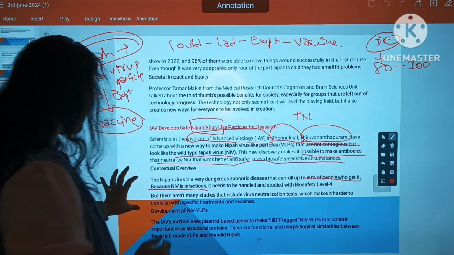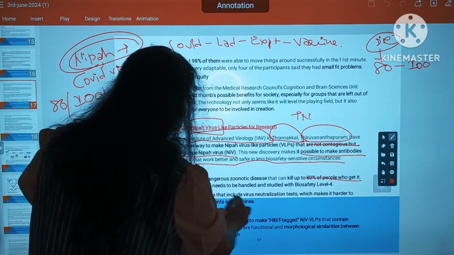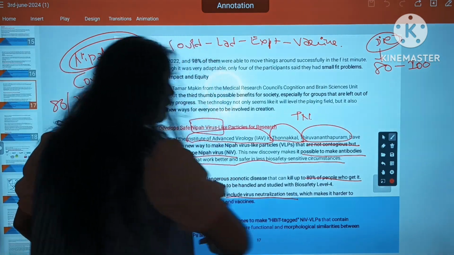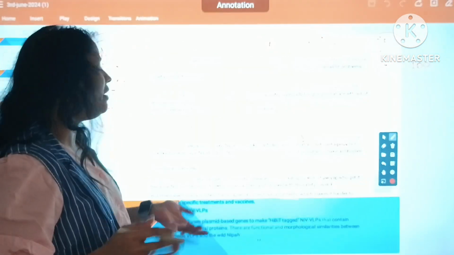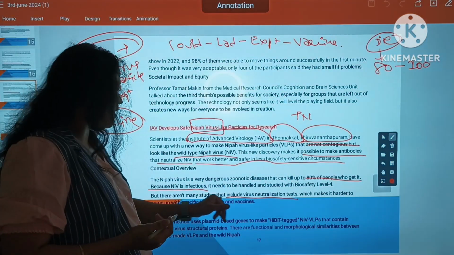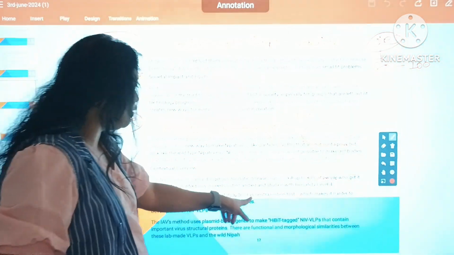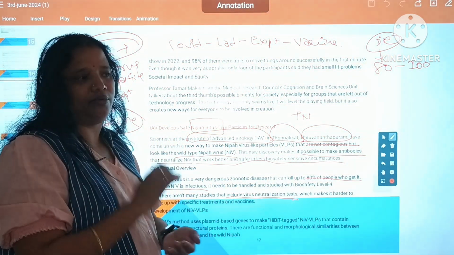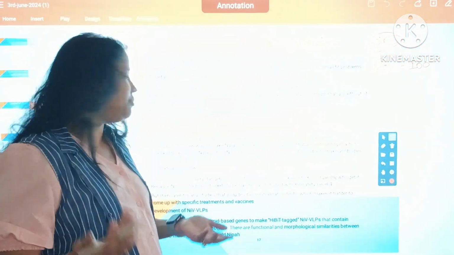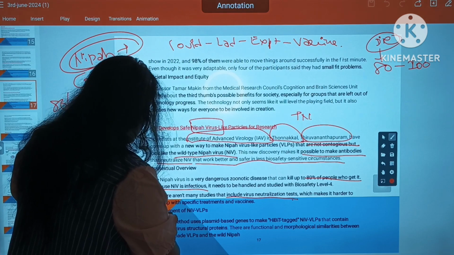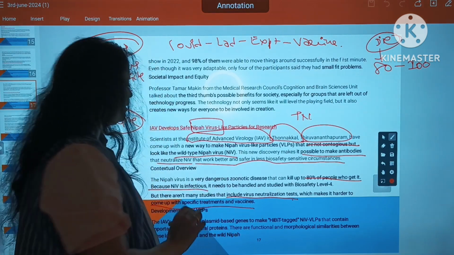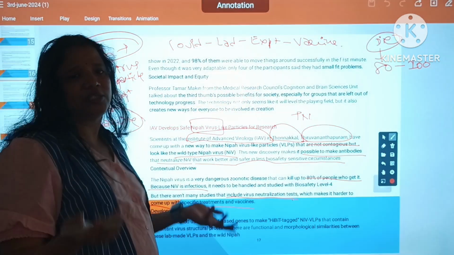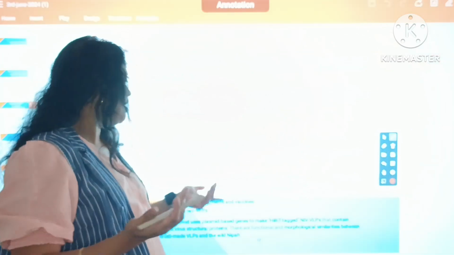But there are not many studies that include viral neutralization tests. So no experiment, no test, no study has yet come to include virus neutralization tests to control the virus. Till now there is no experiment done, so no specific treatment and vaccine has come up.